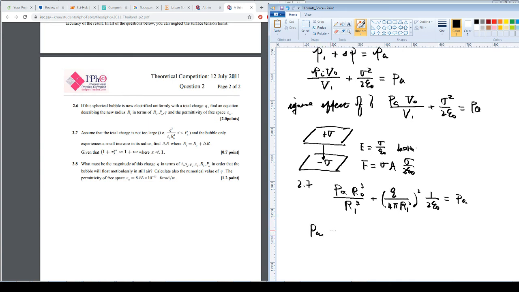So that is roughly 1 minus 3 delta over R naught, since R1 is R naught plus delta. So that's a linear term.